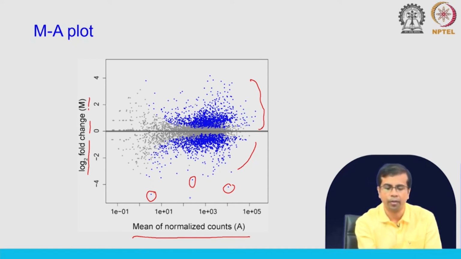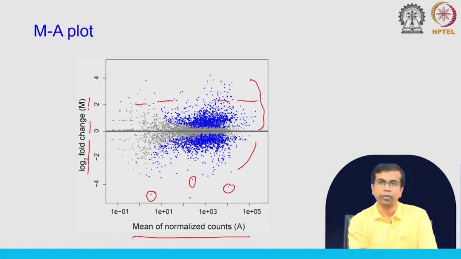There are quite a few genes above the value 2 in log2 fold change, right. That means they are showing 4-fold overexpression, 2 to the power 2, in the G4 sample compared to G1, and similarly you can interpret the genes that show negative log2 fold change, which show significantly lower expression in the G4 sample.